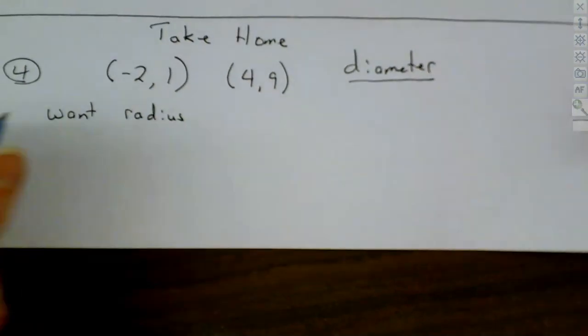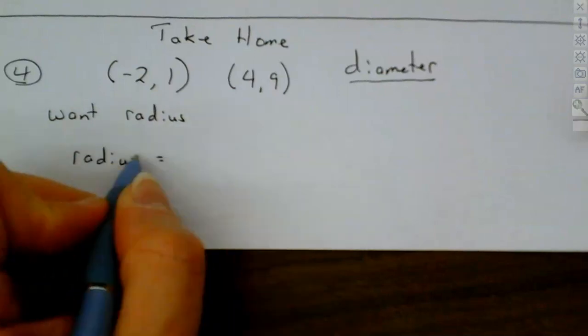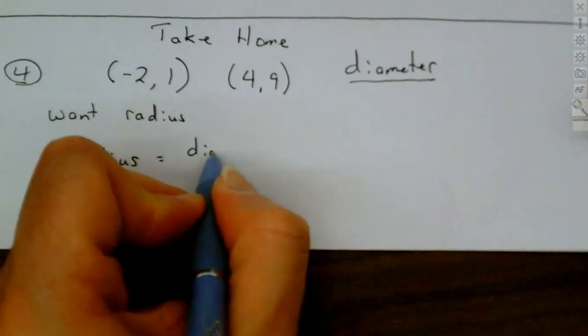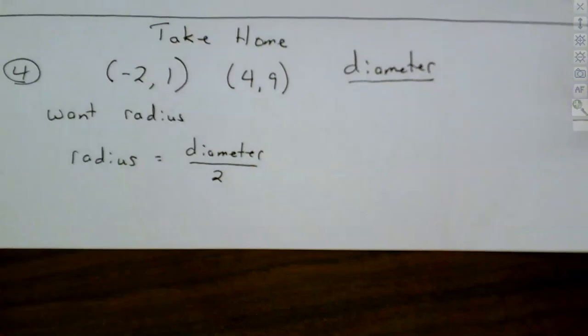Well, if we don't remember, the radius is equal to the diameter over 2. Does everyone remember that? Okay, so this is going to give us our diameter. We want the radius, so we're going to have to divide it by 2.